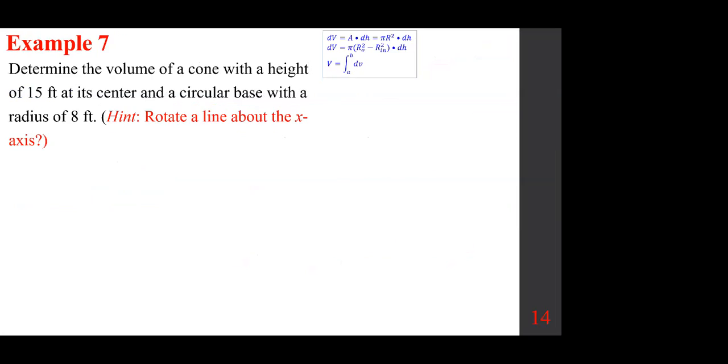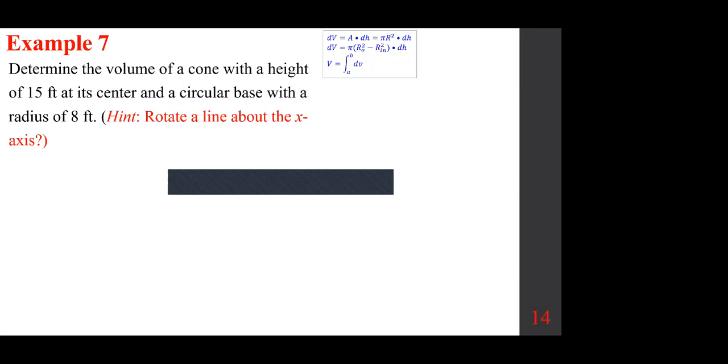This is also an interesting question. It says determine the volume of a cone with a height of 50 cm and a circular base of 8 feet. So what we want to do is use what we have just learned in this section to come up with this.